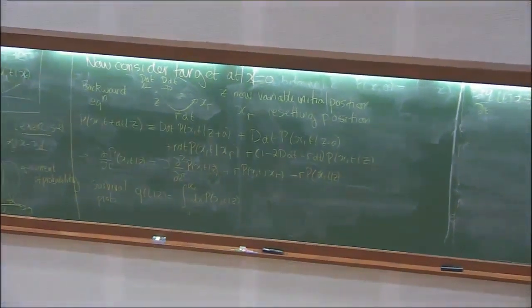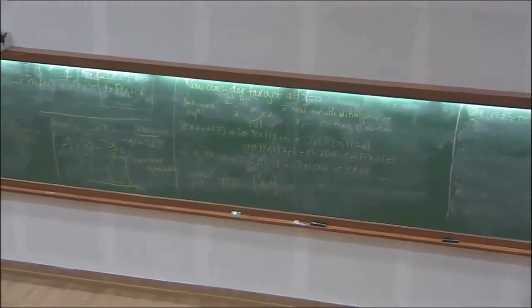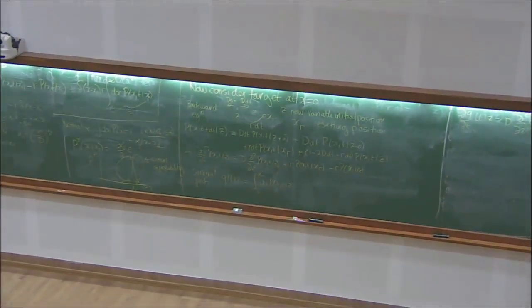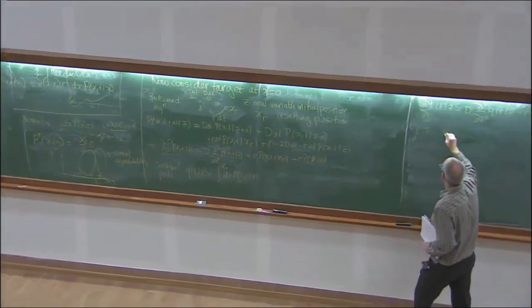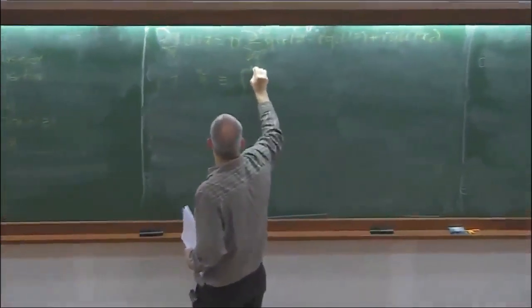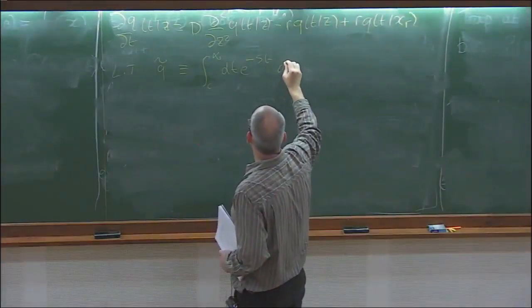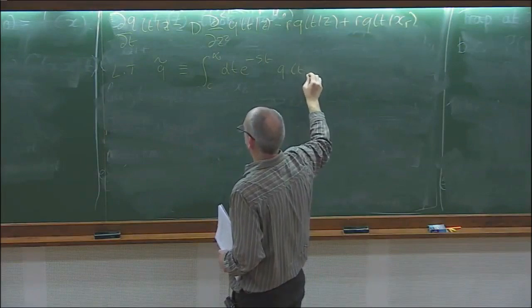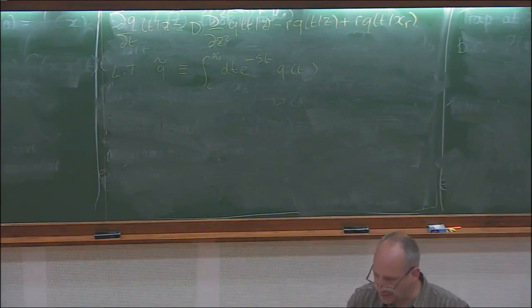So let's just follow the same path that we did before. Let's try and solve this with Laplace transform. So again, we define our Laplace transform. Q tilde is by definition the integral from 0 to infinity dt e to the minus st Q(t). I've suppressed the z dependence, but I'm just defining a Laplace transform. And we play the same game.